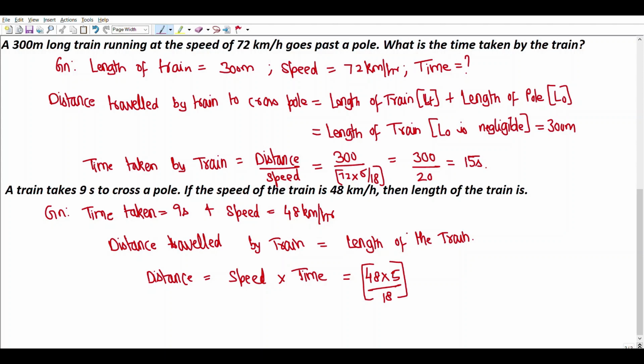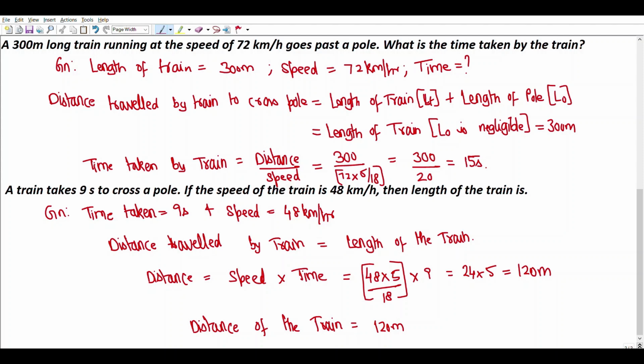So 48 into 5 by 18 multiplied by 9 seconds. Upon solving, we get 24 into 5, which is equal to 120 meter. Therefore, if the train takes 9 seconds to cross a pole at a speed of 48 km per hour, then the length of the train is equal to 120 meters.